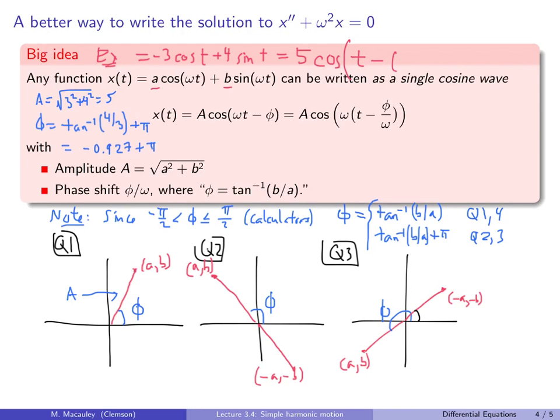That's my phase shift. Well, phi divided by omega is 1. Again, it just makes things easier. So negative 0.927 plus pi.